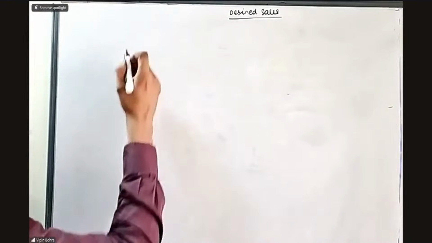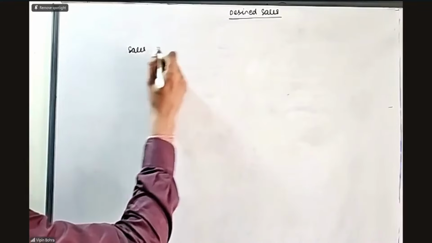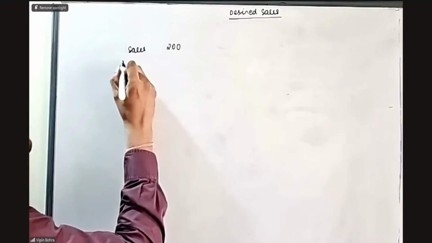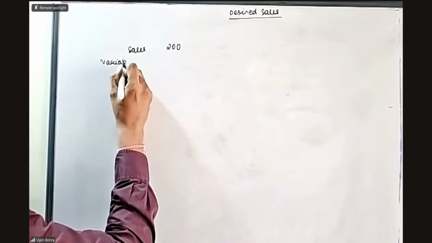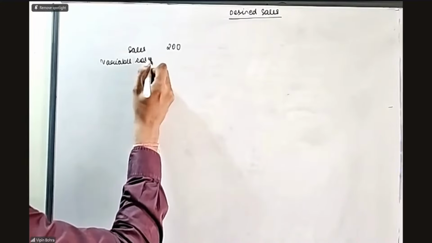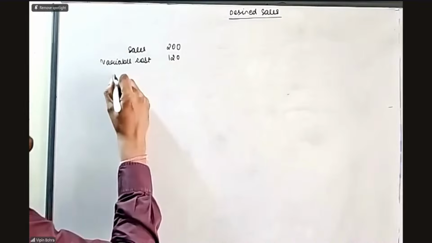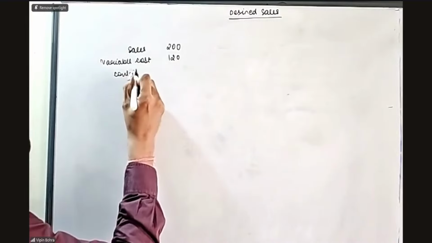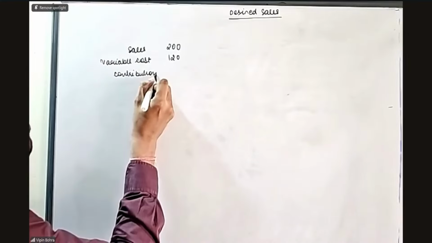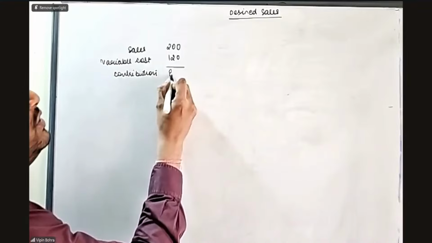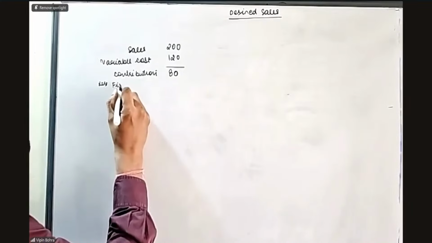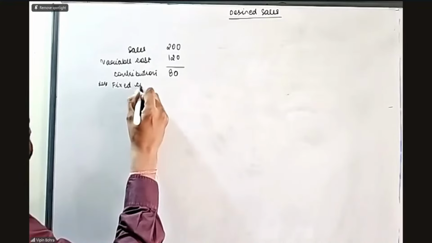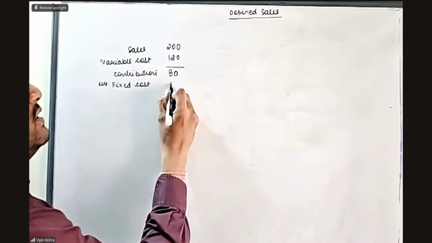Let's discuss this concept with the help of an example, where in the same question I'm taking, my sales is 200. My variable cost is 120. My contribution is 80. My fixed cost is 40.